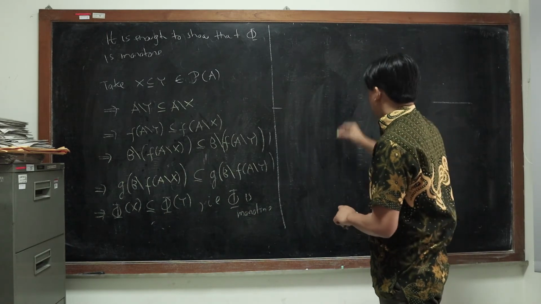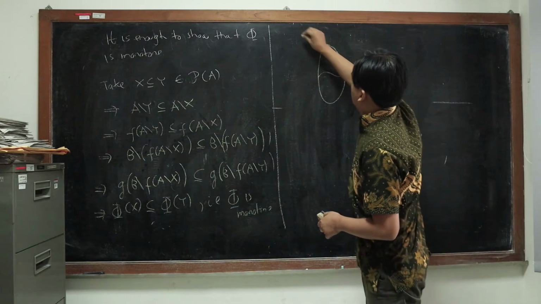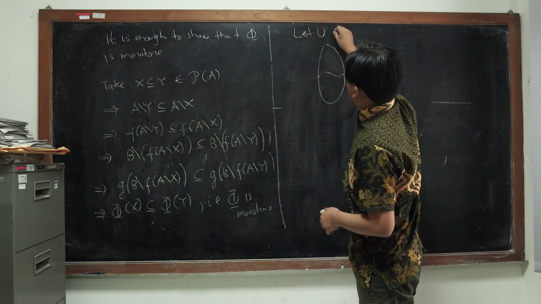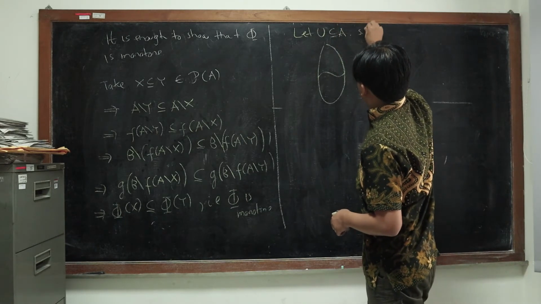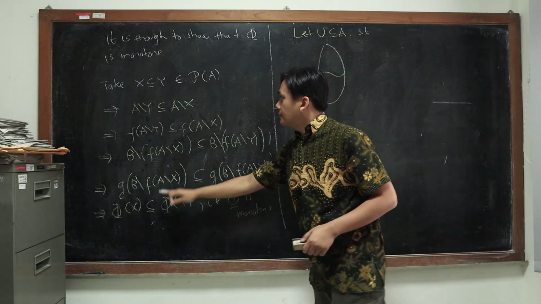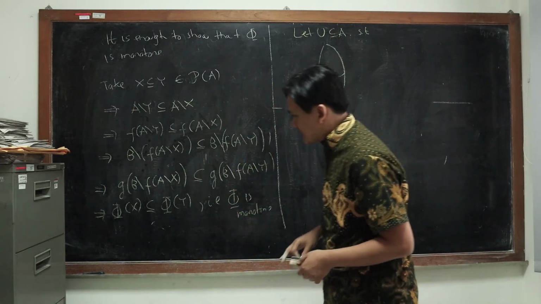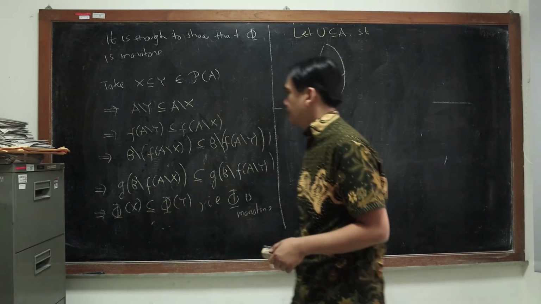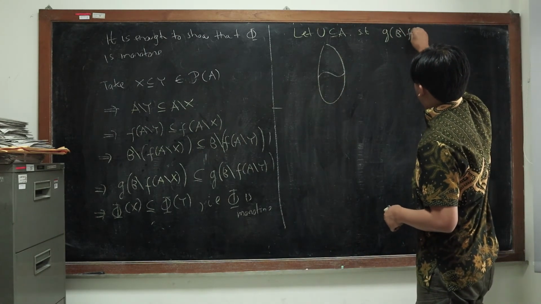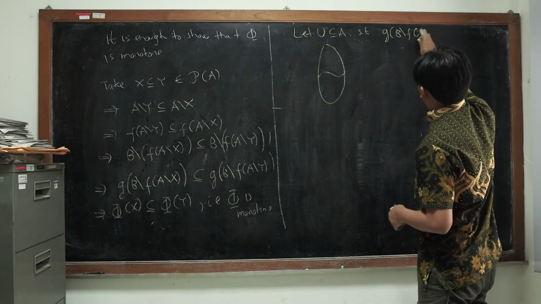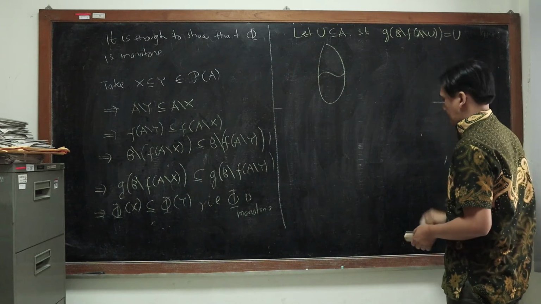So the bijection is as follows. First, let U be a subset of A such that U is the fixed point of phi, which means that G of B minus F of A minus U is equal to U. Okay.